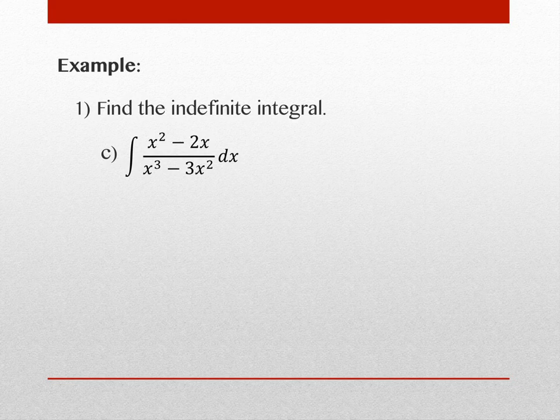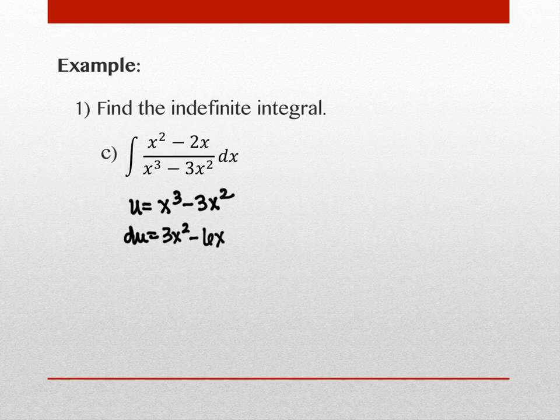So our default right now is going to be that we let the denominator equal u. And we're going to take its derivative. So what's the derivative of x cubed minus 3x squared? 3x squared minus 6x, and then I have dx on the end.